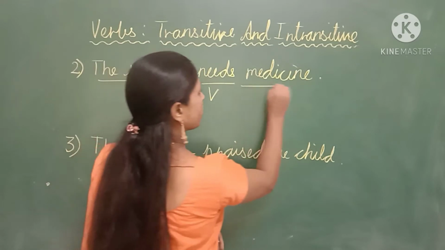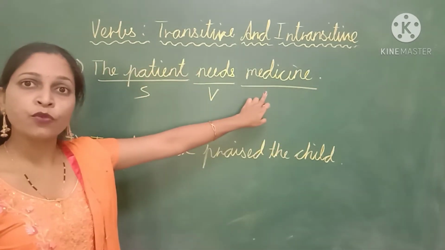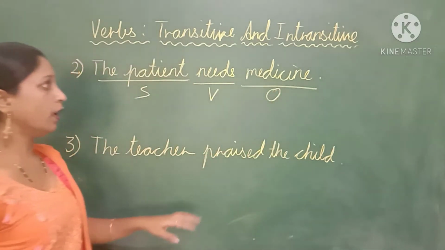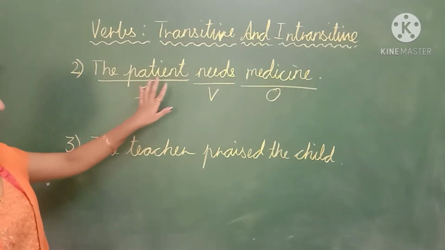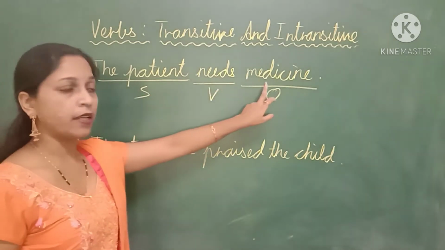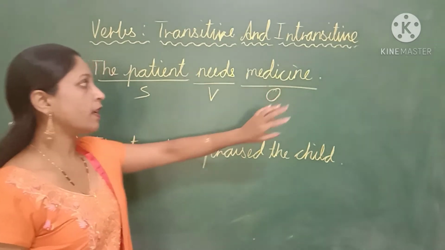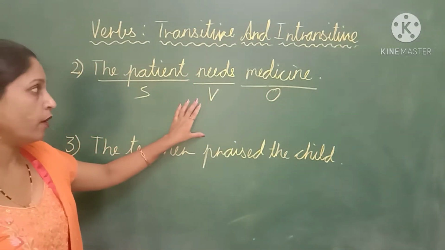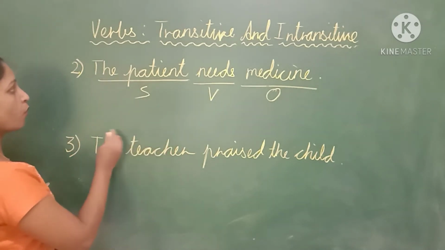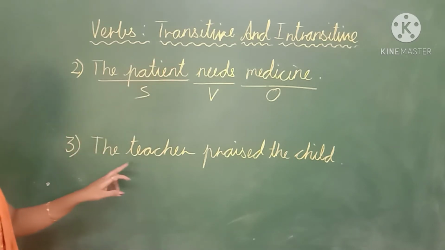So the answer to the question what is the object. So we got the subject, that is the patient, needs as the verb and medicine as the object. So medicine is the object of the verb needs. So such sentences are called transitive sentences.